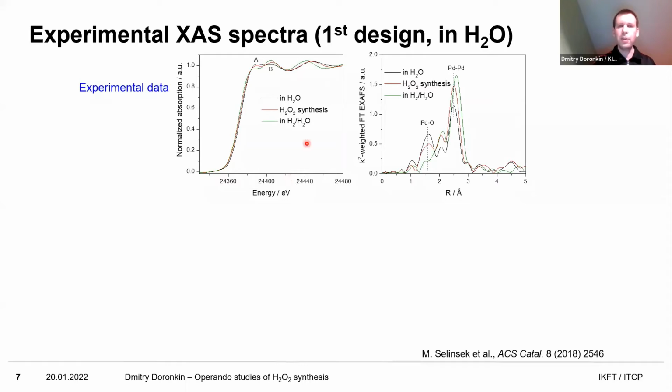No matter be it reference conditions, water, which is by default saturated with oxygen, or hydrogen saturated water, so reducing conditions, or hydrogen peroxide synthesis conditions, the spectra looked roughly the same. I must note that the ex-situ catalyst shows palladium oxide, so in-situ catalyst shows more or less metallic palladium features.